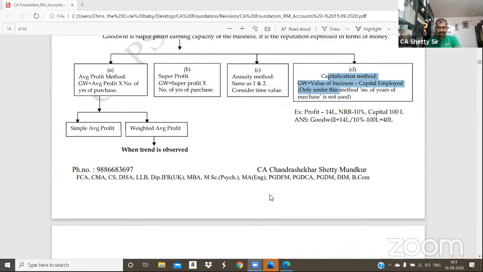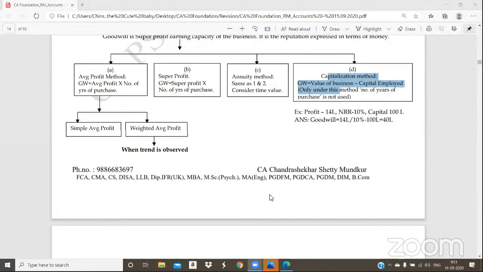Entry for the same: PP account debit 500 to revaluation reserve or revaluation surplus 500. 400 has become 900. Understood? Yes, sir.